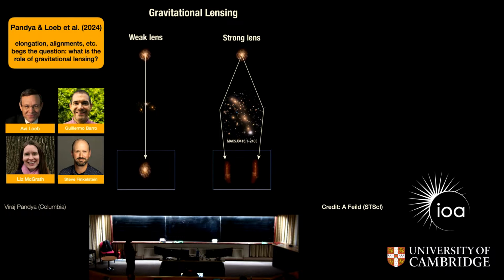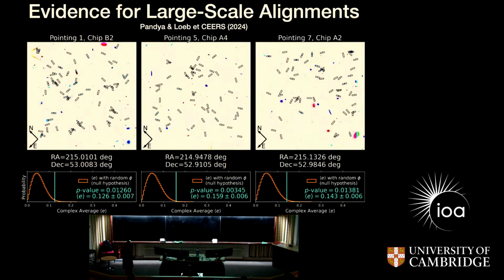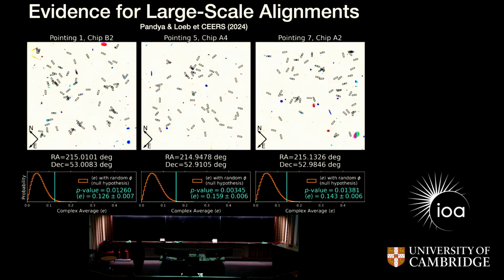So what we did is we essentially went into our JWST observations, right? And we identified patches of the sky in our observations where actually the galaxies are aligned. So we think we're seeing the alignments that I tried to look for a couple years ago. So here are some example little patches of that same CEERS survey.